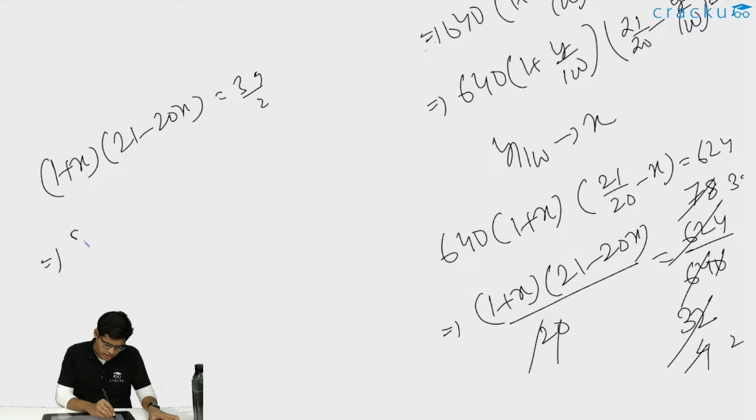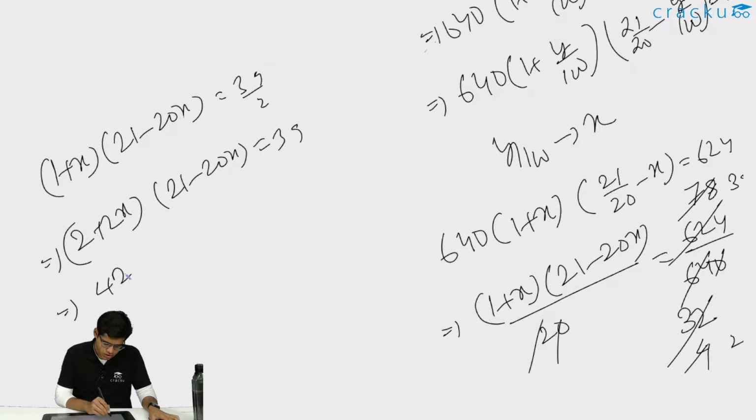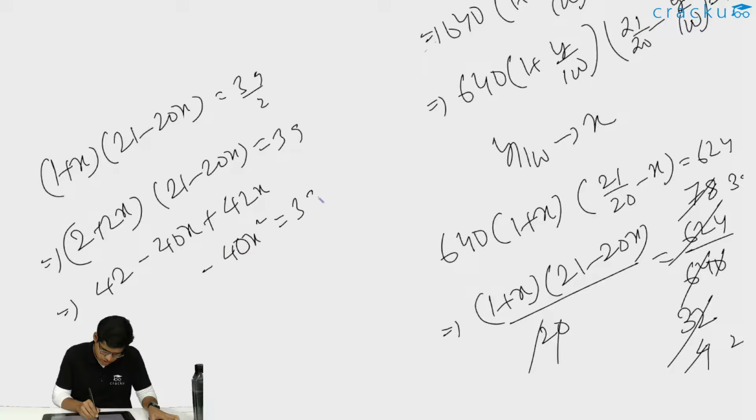So 2 I can get into this side. So 2 into 1 plus x is 2 plus 2x, into 21 minus 20x, is 39. Or 2 21s is 42, 42 minus 40x plus 42x minus 40x square. This is 39.